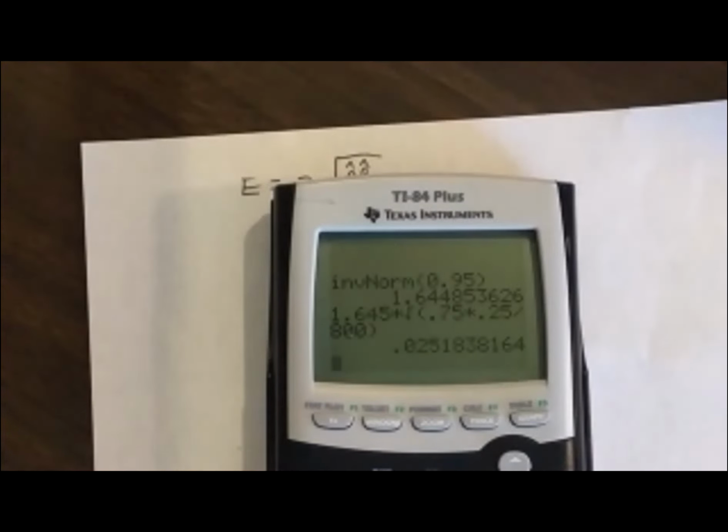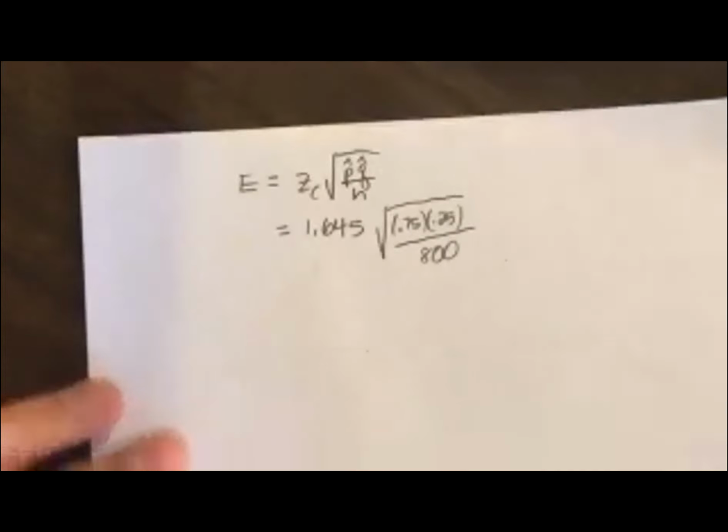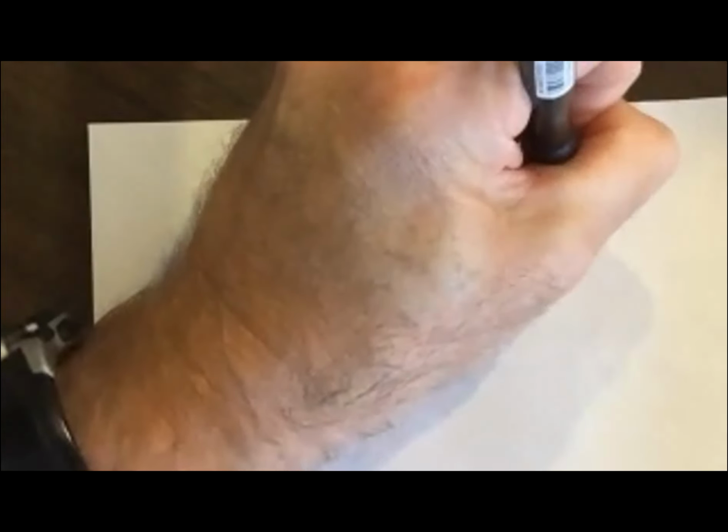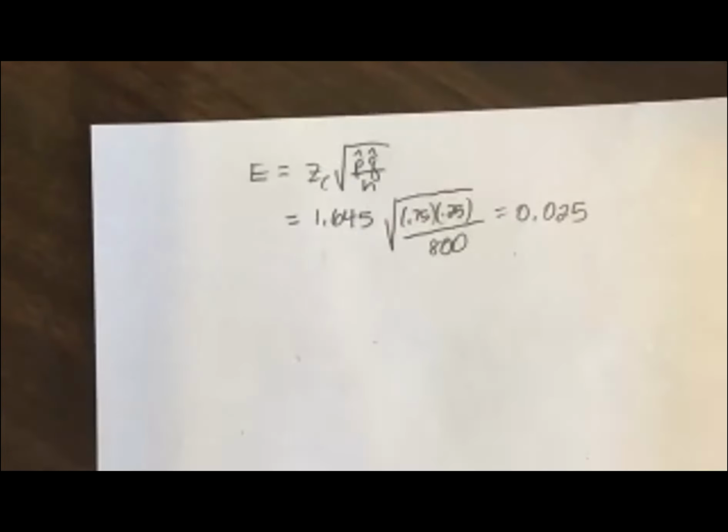And we get 0.025 or so, meaning that we've got a 2.5% error in our estimate.